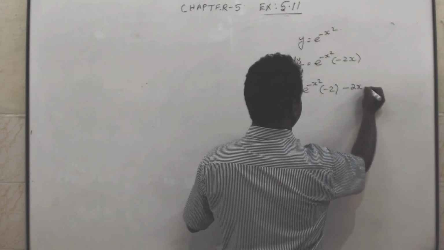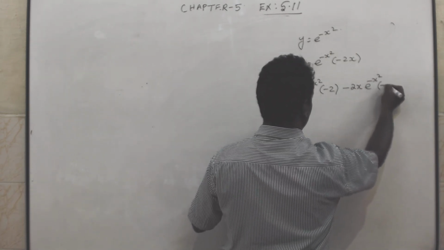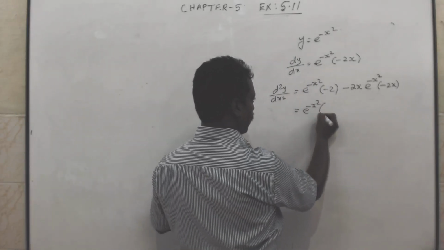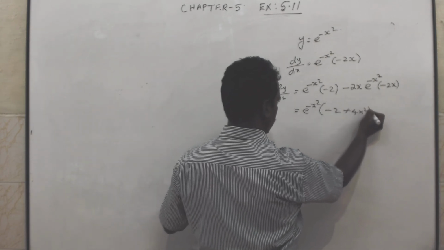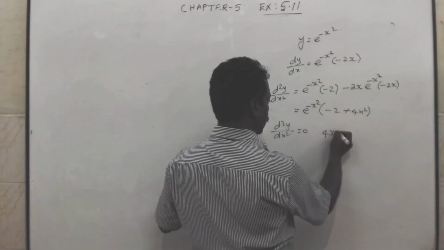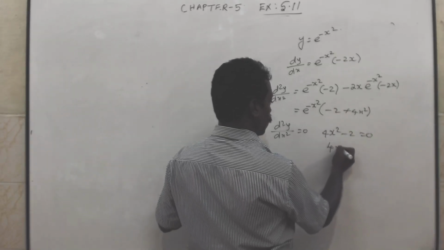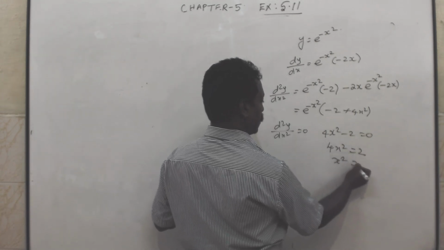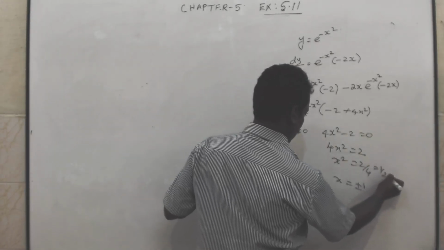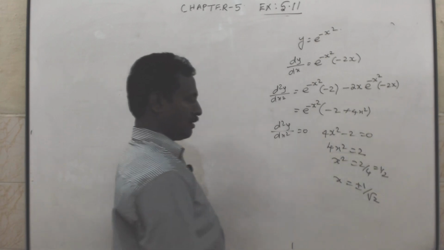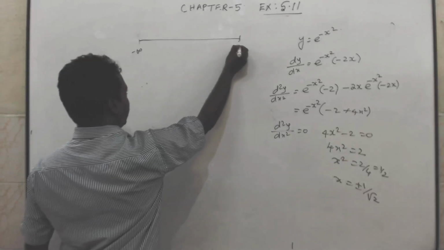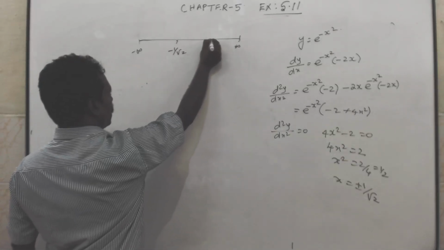Minus 2x, e power minus x square, differentiation of minus x square is minus 2x. e power minus x square common, minus 2 plus 4x square. d square y by dx square equal to 0. 4x square minus 2 equal to 0. 4x square equal to 2. x square equal to 2 by 4. x is equal to plus or minus 1 by root 2. Then draw the number line, minus infinity to plus infinity, with minus 1 by root 2 and plus 1 by root 2.